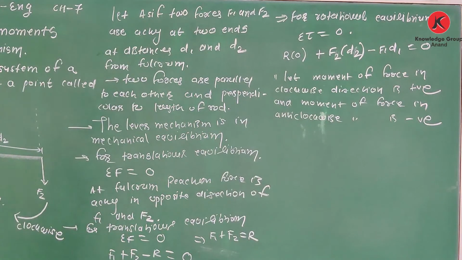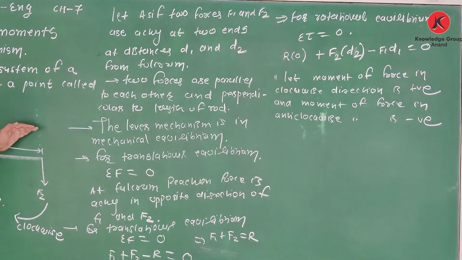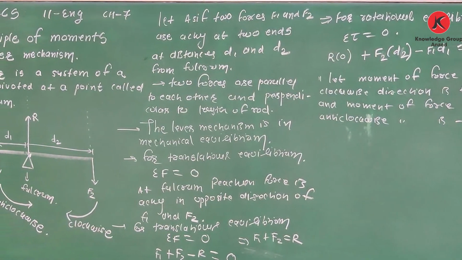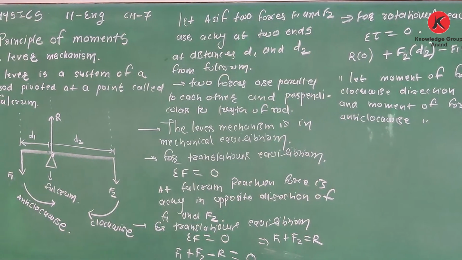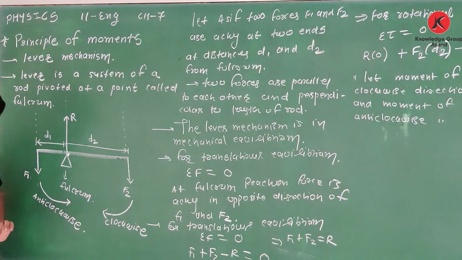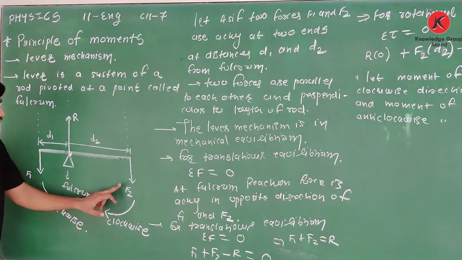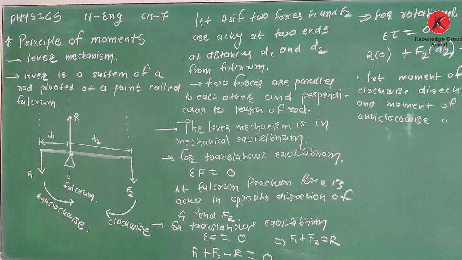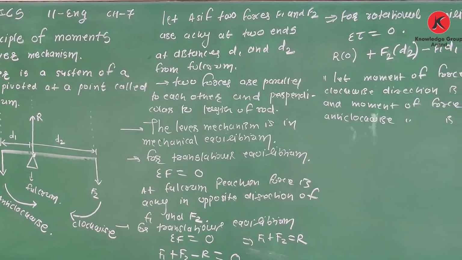So you can easily understand from this. Due to this F2 force, the moment of force is in the clockwise direction. That's why I have considered it positive, F2 d2. See, here it is again. Due to this force, the moment of force is in the clockwise direction, so I have considered it positive, while for this, I have considered it negative. Clear about this? So yes, you have to take care when you write this equation.